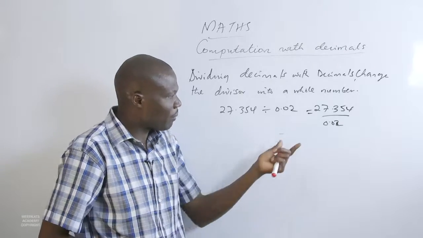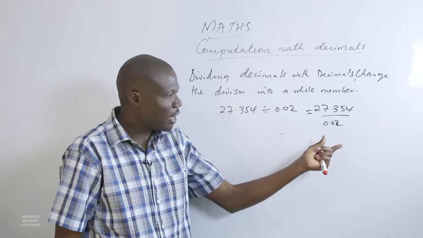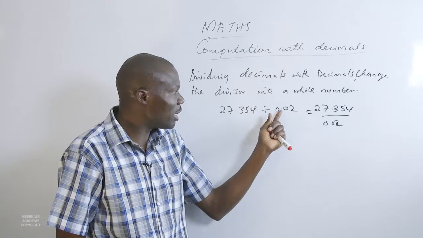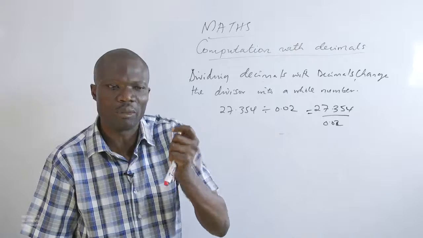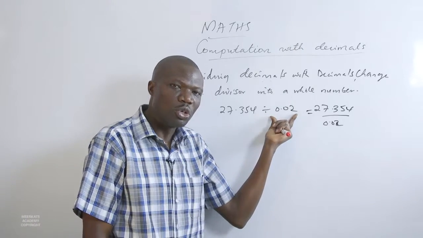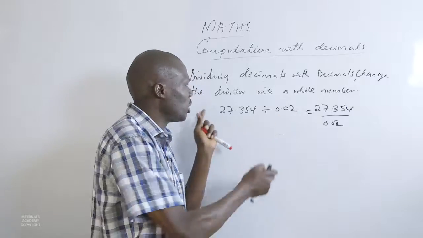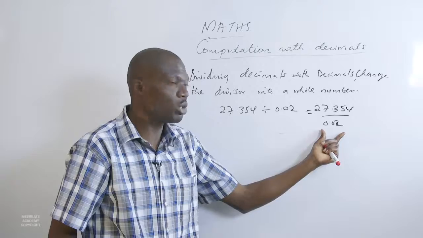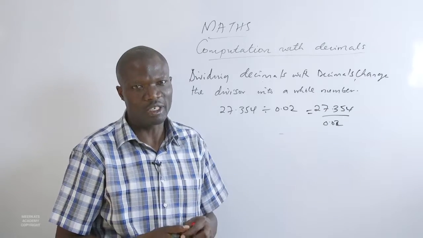We are saying try to find a way and make sure that this denominator, or this divisor, is a whole number. And whatever we do to make this one a whole number should be done on the dividend also. Whatever you do to this denominator should be done to the numerator.